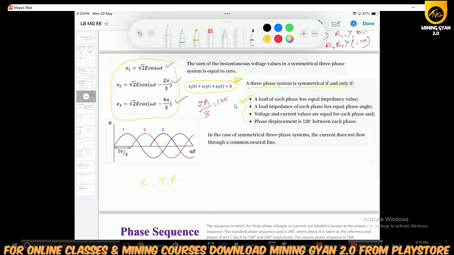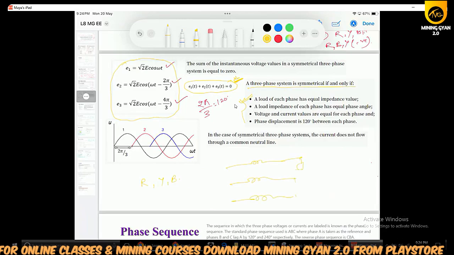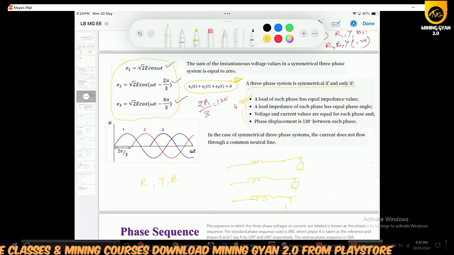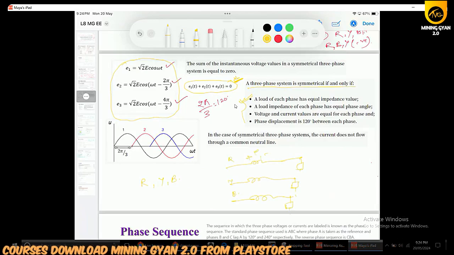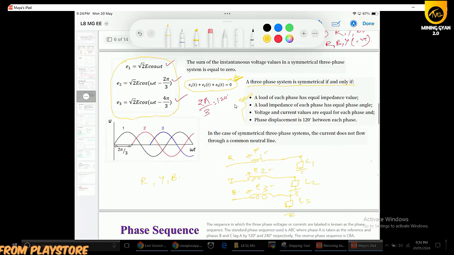First of all, a load of each phase. Let us say these three are the phases. So we have to connect one load, the second load, and the third load in the R, Y, B phases, with E1, E2 and E3. Load 1, load 2, and load 3.